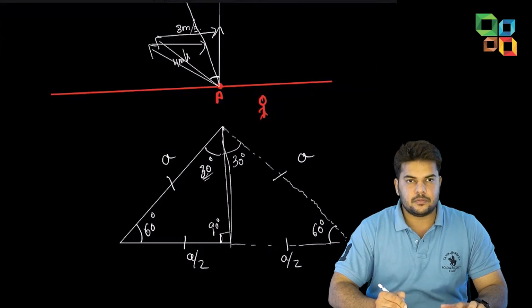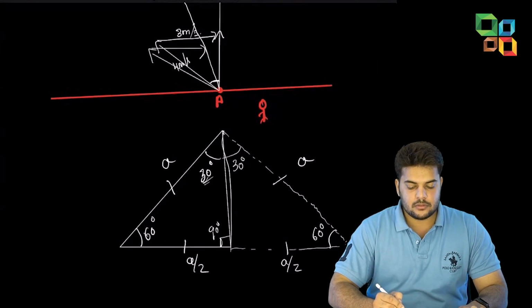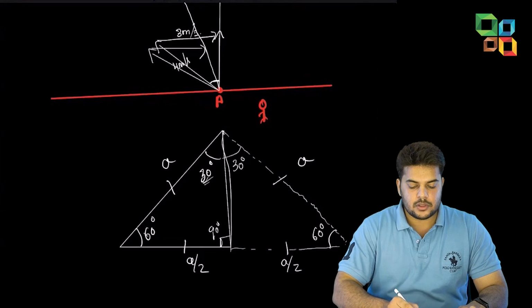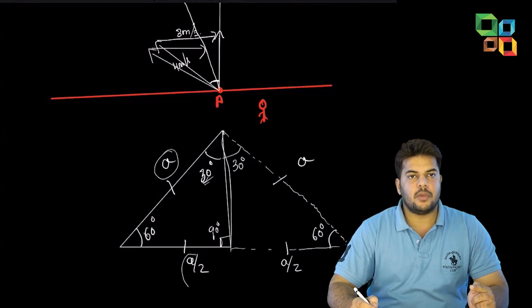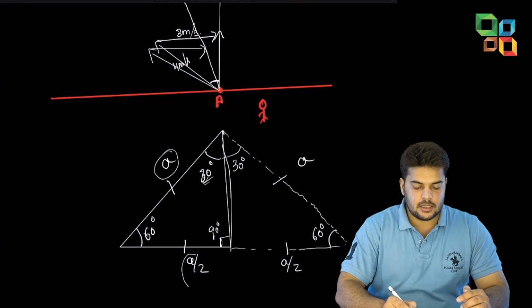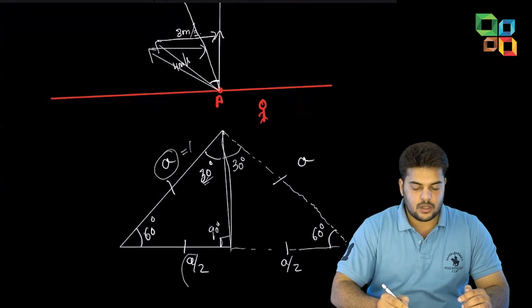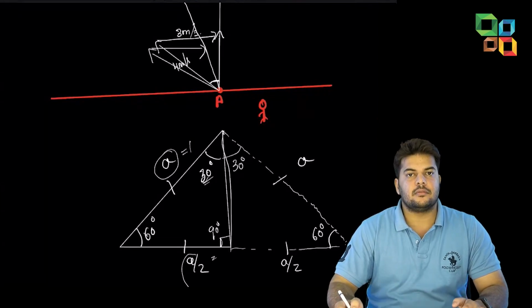What do you notice? The hypotenuse and one of the sides, look at that. They are in the ratio what? 1 by 2. They are in the ratio 1 by 2. Do you see that? This is 1, this is half of that, isn't it?